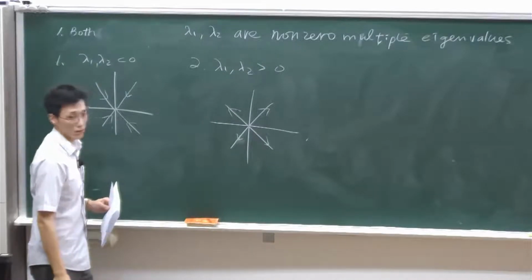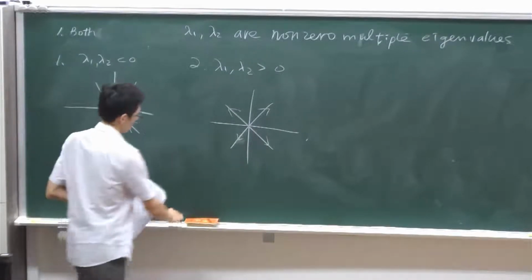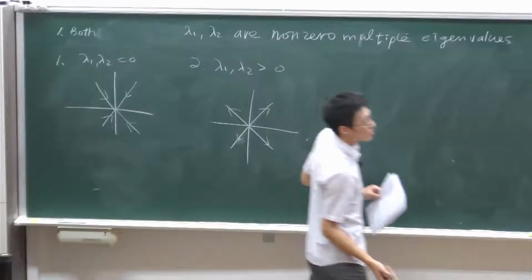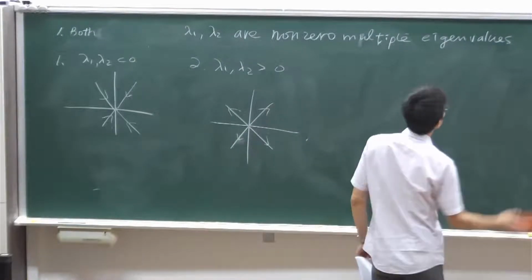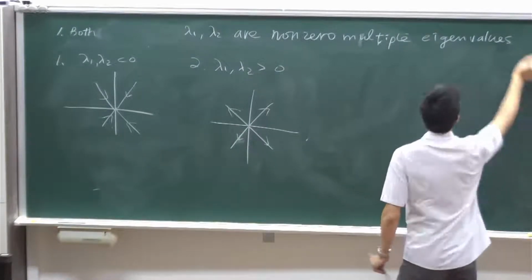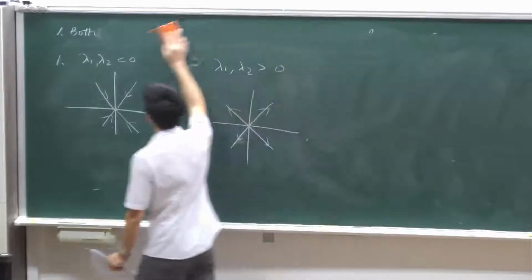If both are positive, it goes away from the equilibrium point. And the final case, one or more eigenvalues are 0.